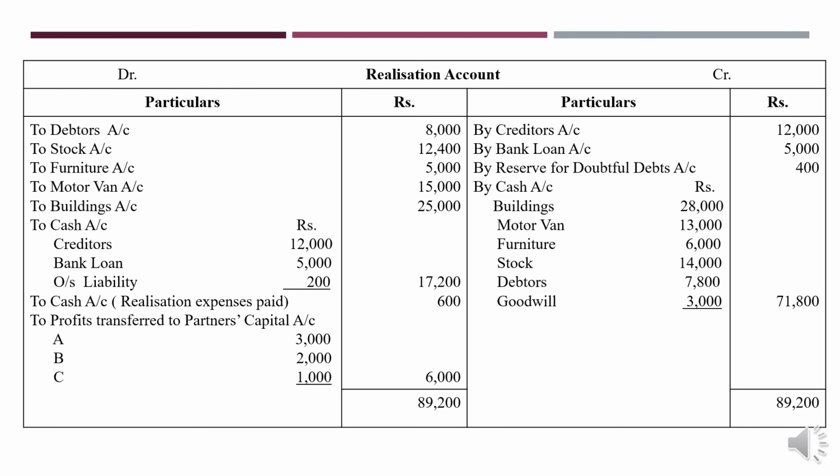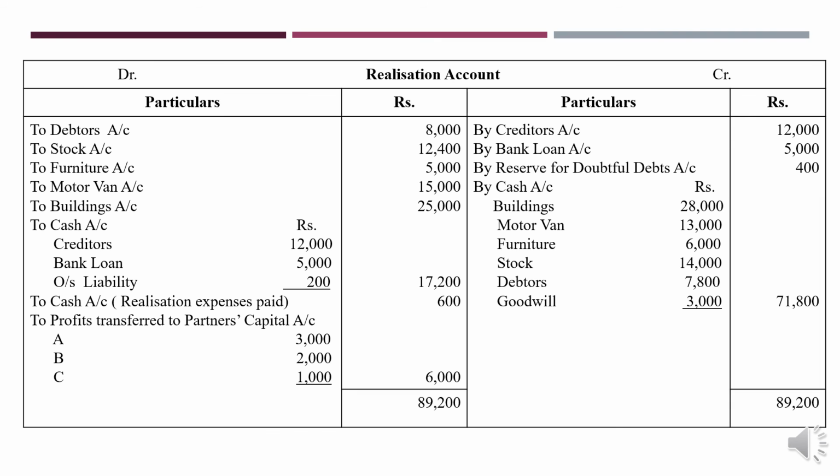Listen, first the book value of the assets is recorded on the debit side, and the book value of the liabilities on the credit side. Then cash received out of the realization of assets is recorded on the credit side, and cash paid to the outsiders in the form of liabilities is recorded on the debit side. Then realization expenses are recorded on the debit side in the form of to cash account, and finally you find out the profit.